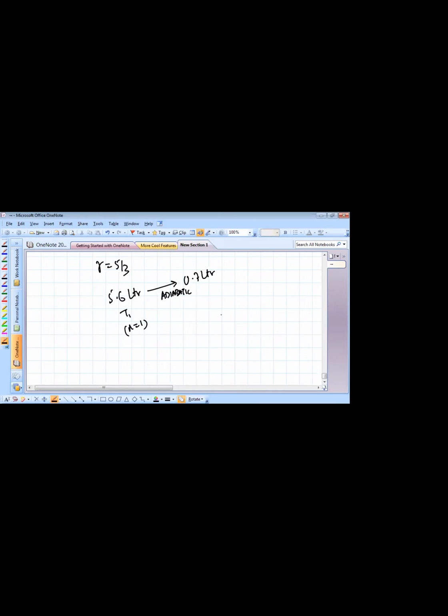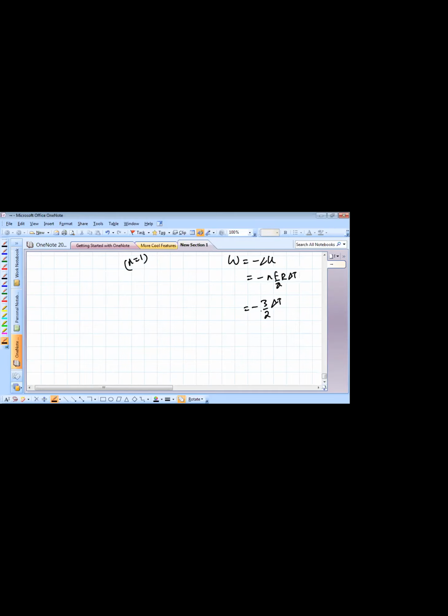Okay. So for an adiabatic process, you know that W plus delta U is 0. So work done by the gas is negative of delta U. So it is minus of n f by 2 R delta T, which you can also write as, now you can write the relation between, so 3 by 2 delta T, okay, where this is work done by the gas.